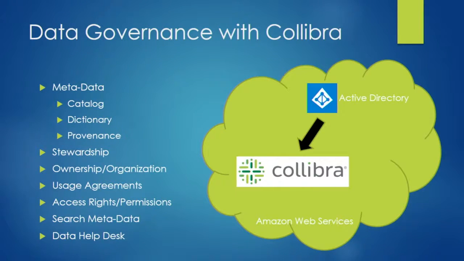There are, as I mentioned, a variety of workflows which those roles participate in for things like approval to access to data. The system supports data usage agreements, so if you're looking for permission to access data, you can describe how you're going to use that data, and it's kind of a contract between the user and the business owner, and is part of the approval process.